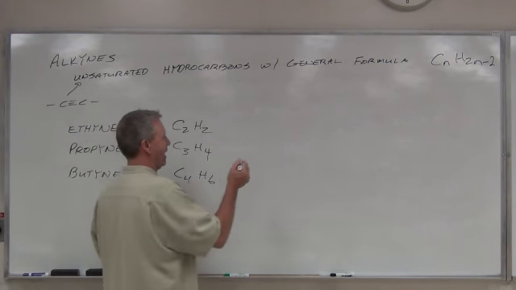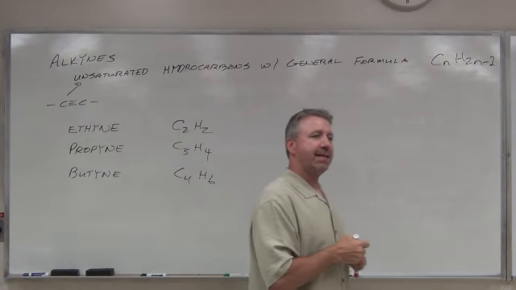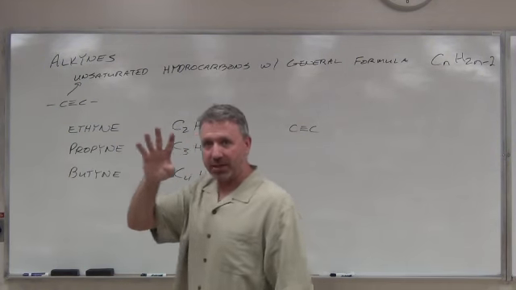If I look at ethyne, notice that in the alkynes, the functional group is a carbon-carbon triple bond. Carbon wants to have 4 bonds, each carbon.